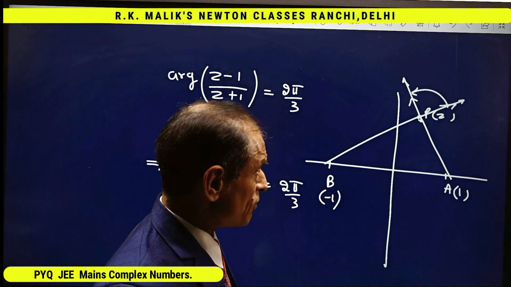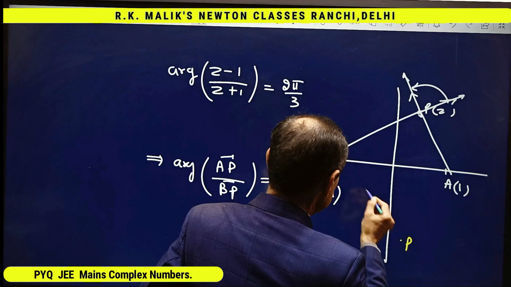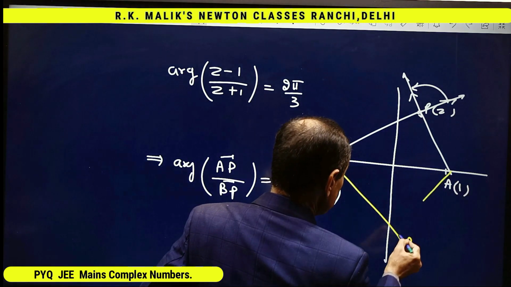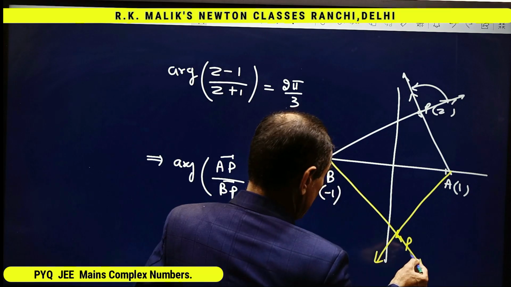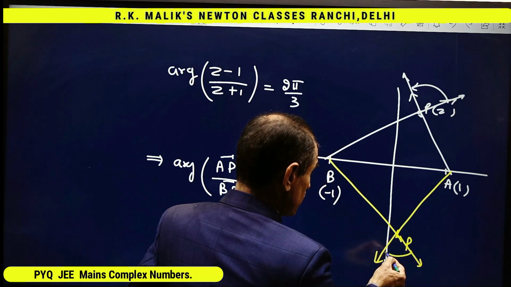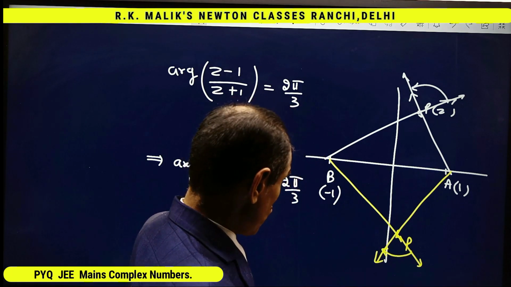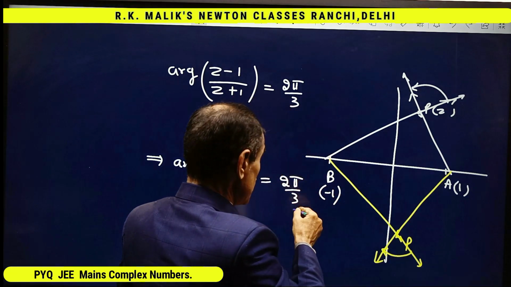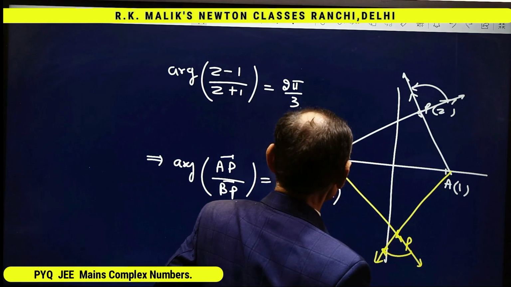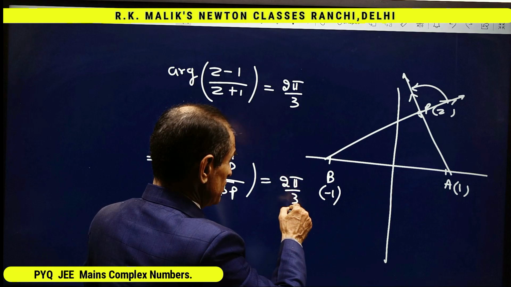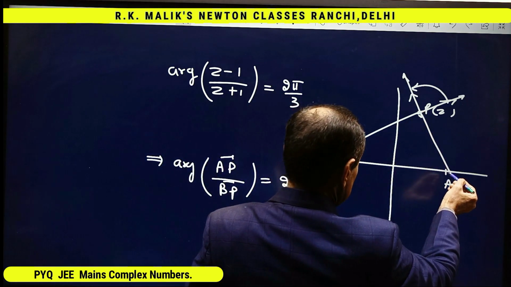This is the correct diagram, but had I taken the point P below, that would be a wrong diagram, because in that case the angle would start from BP and go up to AP, and this direction would have become clockwise. Had it been minus 2 pi by 3, the point P would have lain below the x-axis. And because the angle is fixed, the locus of the point P will be a circle.